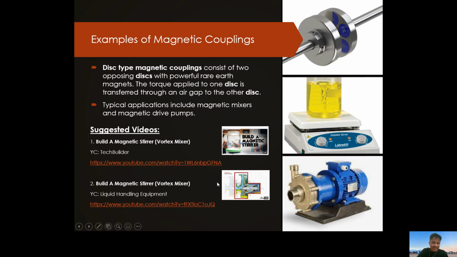Number two is building a magnetic stirrer. Sorry, I did not edit this one, but it is about magnetic drive pumps. The YouTube channel is Liquid Handling Equipment. You can refer also to this link.